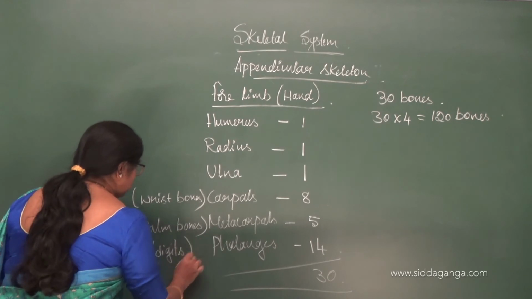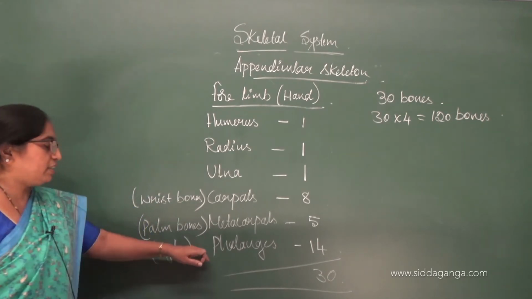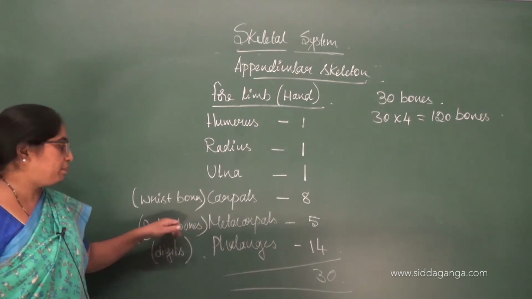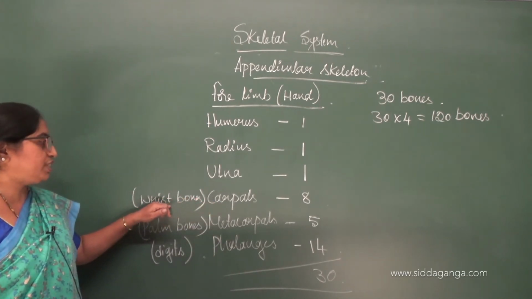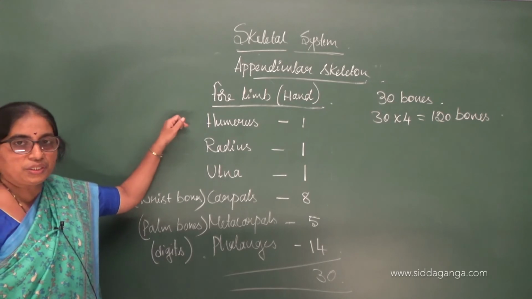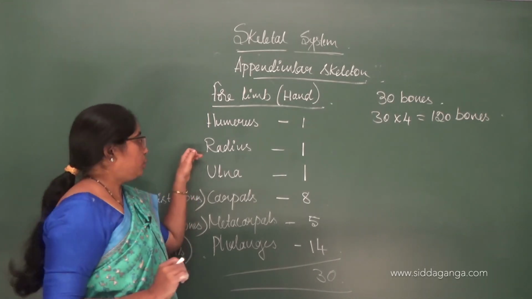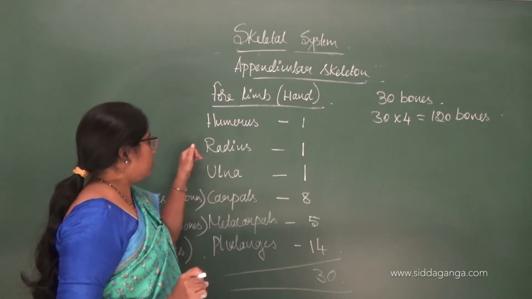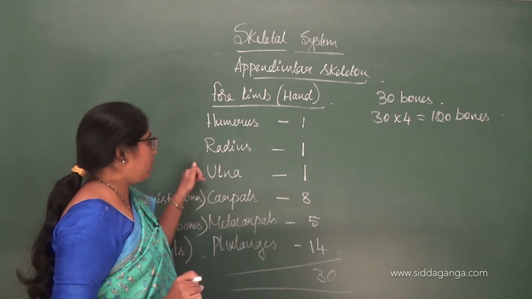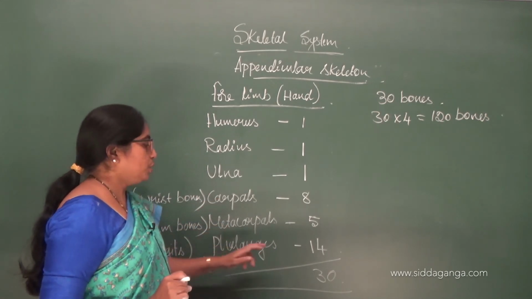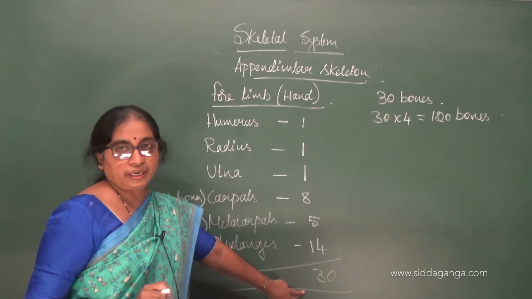So phalanges are the bones of the digits, metacarpals are the bones of the palm, and carpals are the bones of the wrist. Humerus is the shoulder bone, then radius, ulna, carpals, metacarpals, and phalanges, total which accounts to 30 bones.